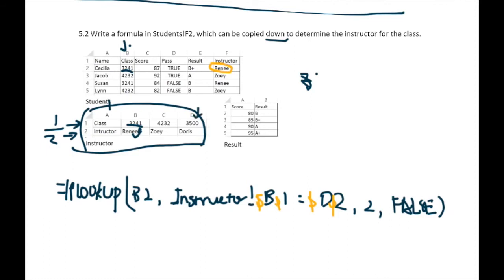If we use true, then if we have some number like 3499, we should have an instructor for this class, but we do not include this in our table, then it probably runs to 4232 as Zoe, but it definitely should not be Zoe. So we want to use false to match exactly, because only 3241 is for Winnie, 4232 is Zoe, and 3500 should be Doris. So there should not be any approximate match. That's why we should use false here.